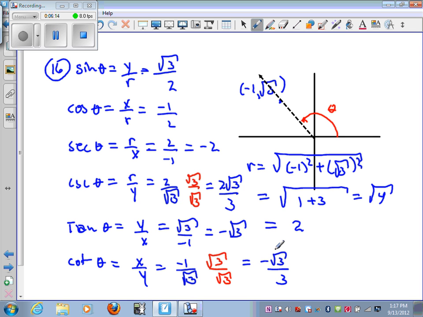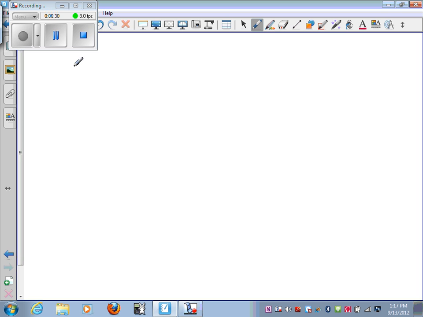Now the next group of problems, it says suppose (x, y) is in the indicated quadrant. Decide whether the given ratio is positive or negative. So I'm going to look at 28.